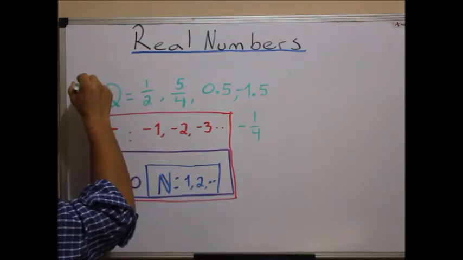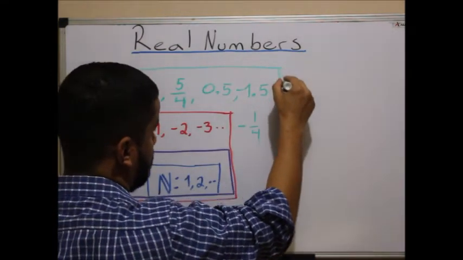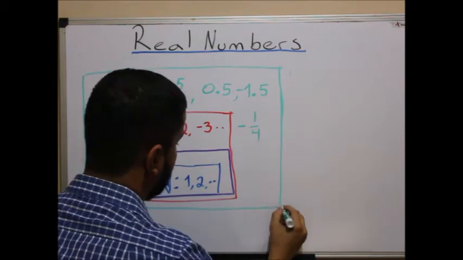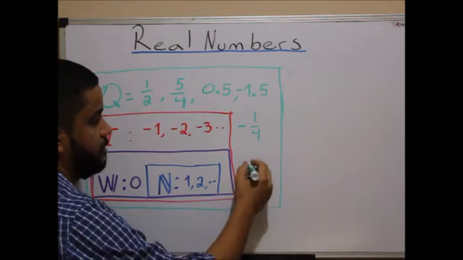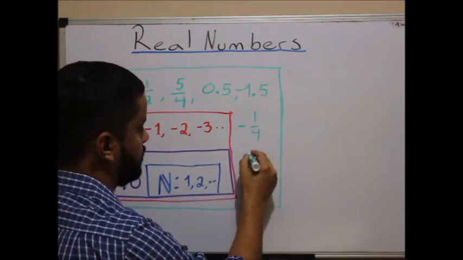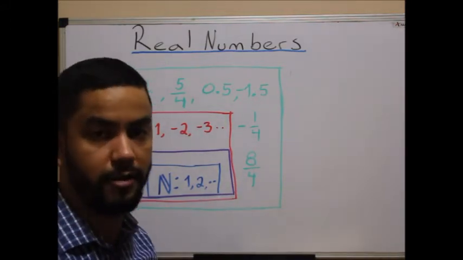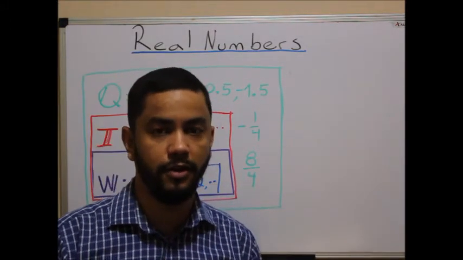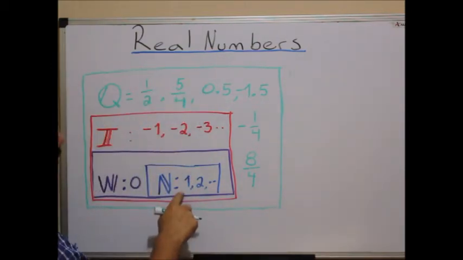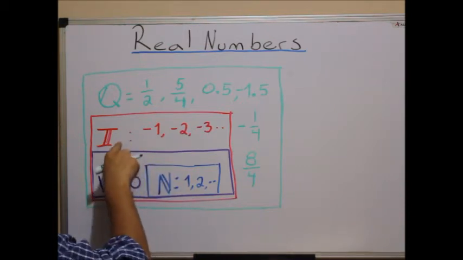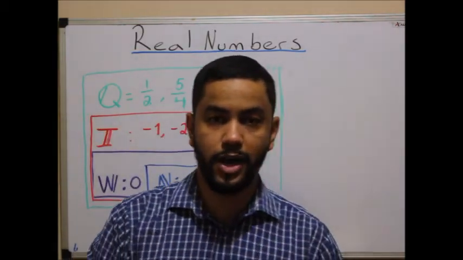All of these, the integers, the whole numbers, and the natural numbers, belong to the rational numbers, because we can have fractions such as 8/4. 8/4 is a fraction, but also 8/4 is 2. That's why the natural numbers and the integers are inside the rational numbers.